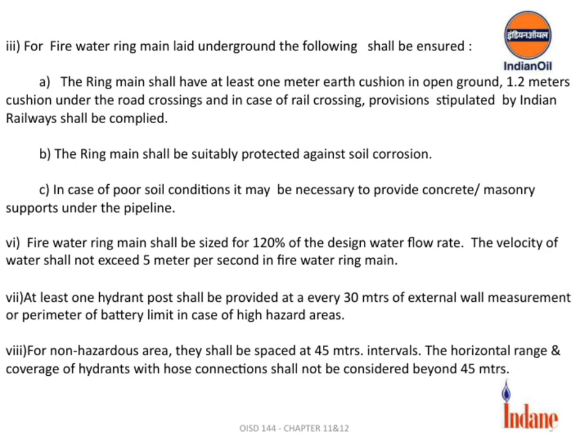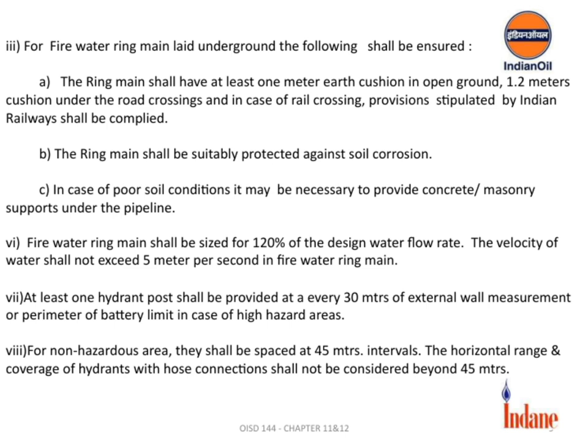Let's now look at some key points from OISD 144, Chapters 11 and 12, specifically focusing on fire hydrant and water ring main requirements. First, in high-hazard areas, it's essential to ensure safety coverage. At least one hydrant post should be provided every 30 meters along the external wall measurement or perimeter of the battery limit.